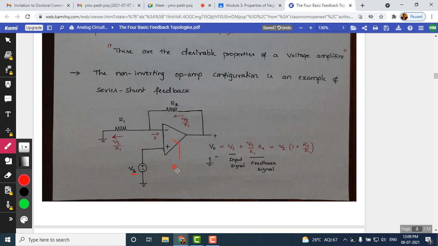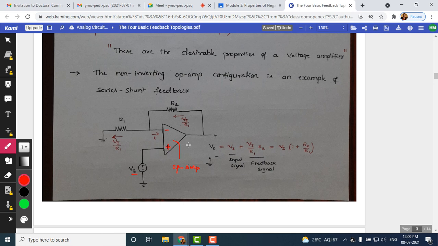The op amp has two inputs: the inverting input, indicated with a negative sign, and the non-inverting input, with a positive sign. In this circuit, the AC input signal goes to the non-inverting input.